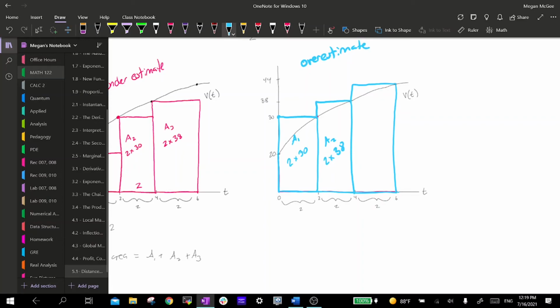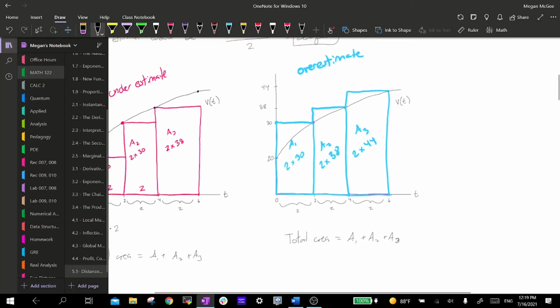Alright, so this is area 3, and it's 2 times 44. And we did the same thing where our total area is going to be the sum of all 3 areas.